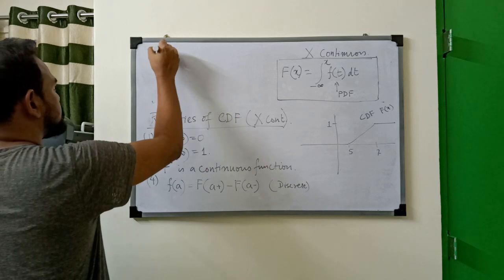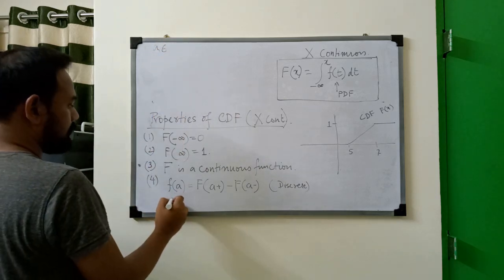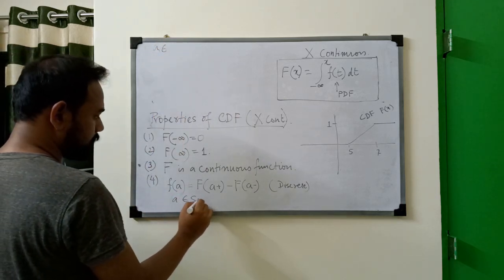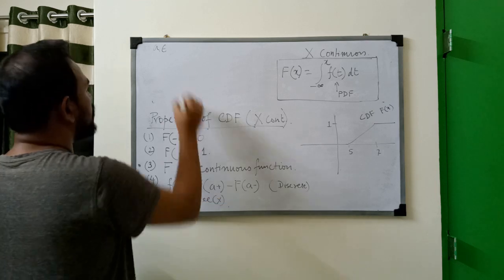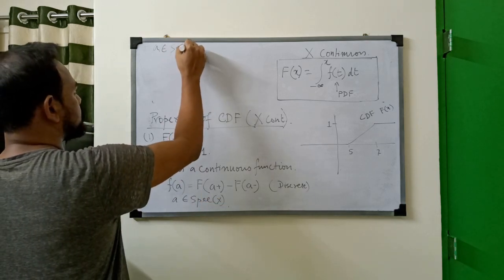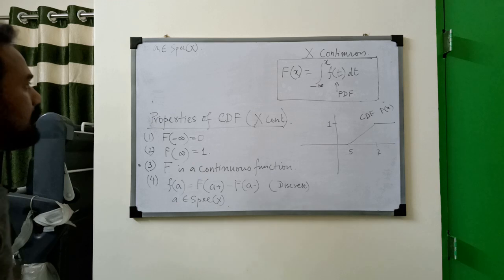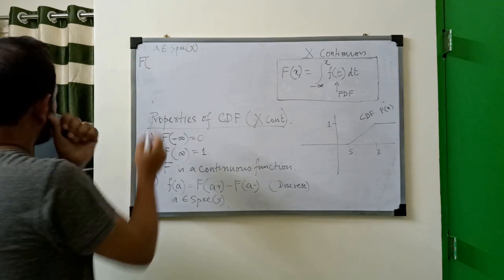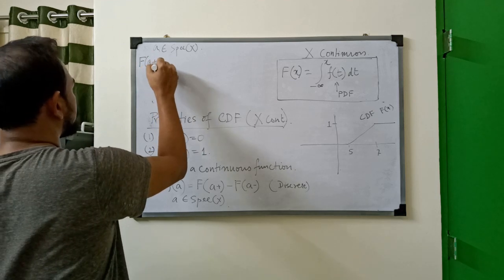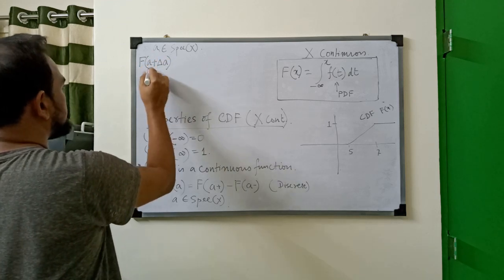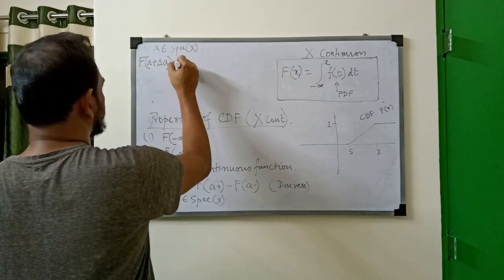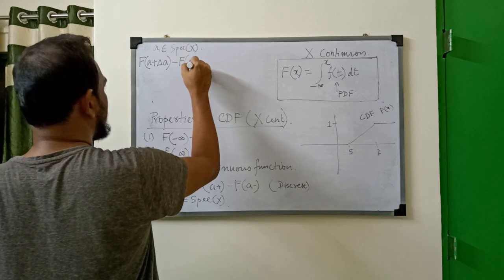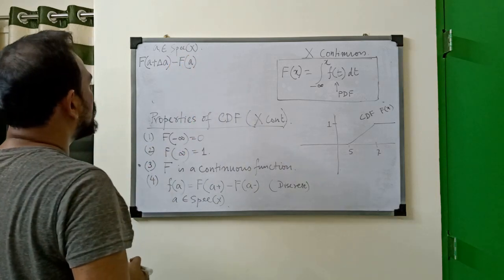If I take a as a spectral point, as it is here, then suppose I look at the CDF at a point which is nearby a, so a plus delta a, and I subtract off from there the value of the function at a.